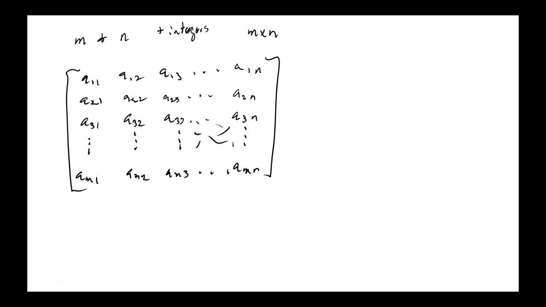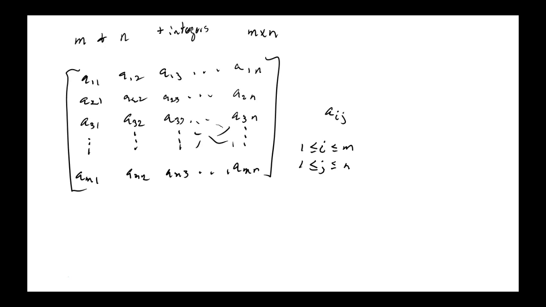And sometimes we'll refer to this as the entry Aij, where I is some number between 1 and M, and J is some number between 1 and N. An M by N matrix has M rows, N columns.